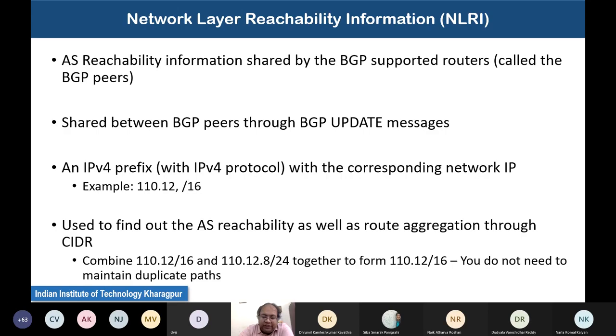The way we did route aggregation for routing table construction, the same type of route aggregation we do here. If the same AS is providing reachability to multiple different autonomous systems and they can be combined based on CIDR, we combine them.